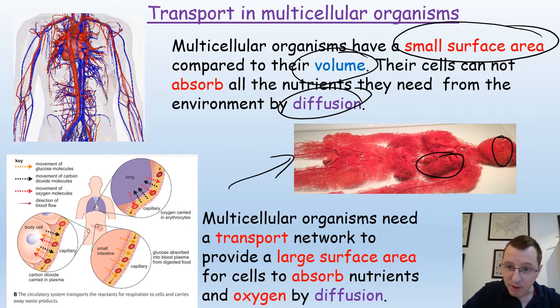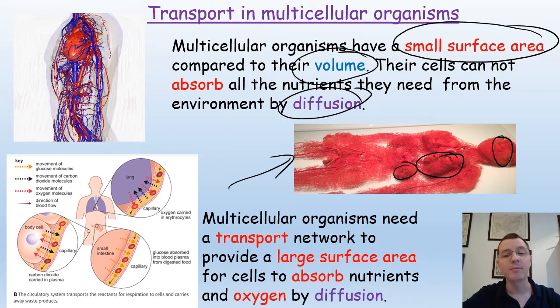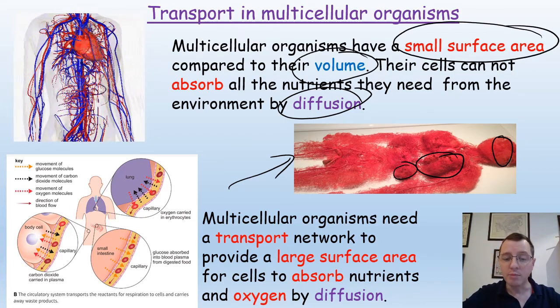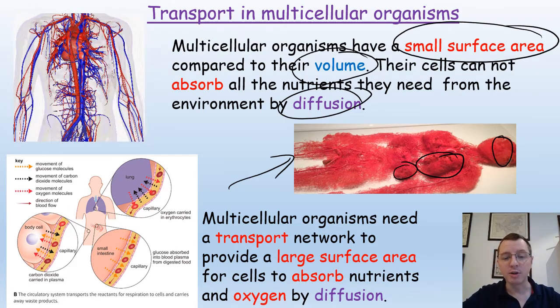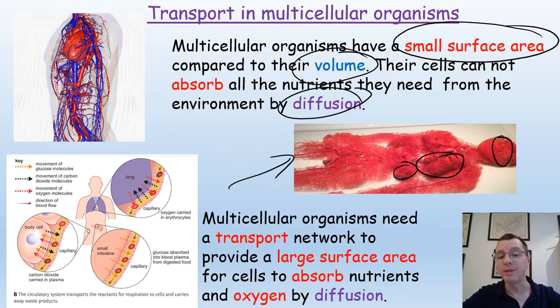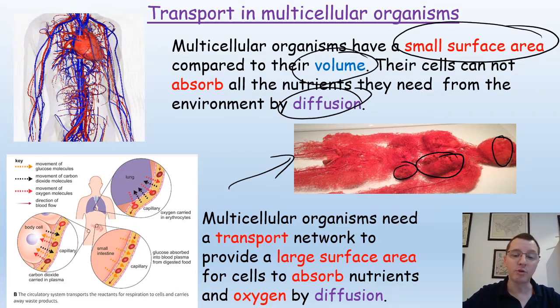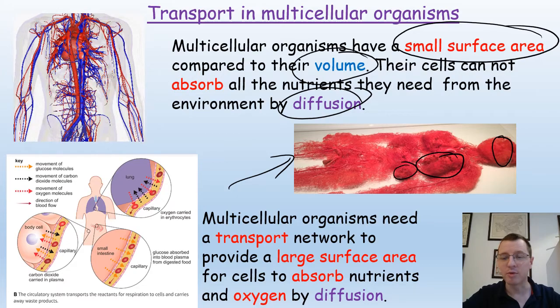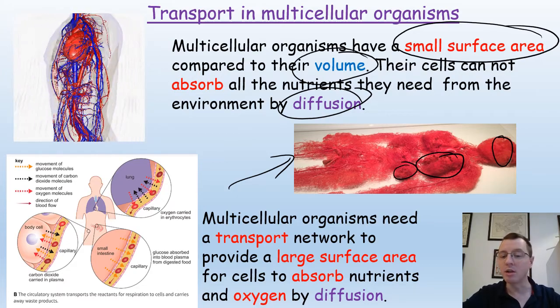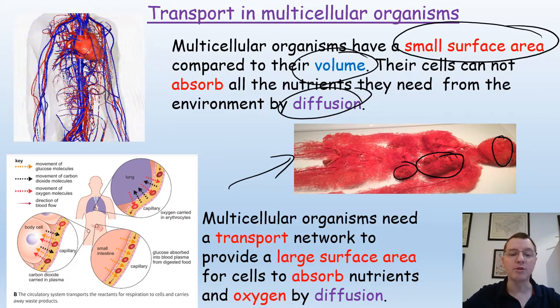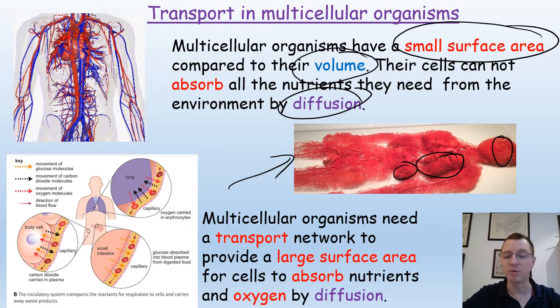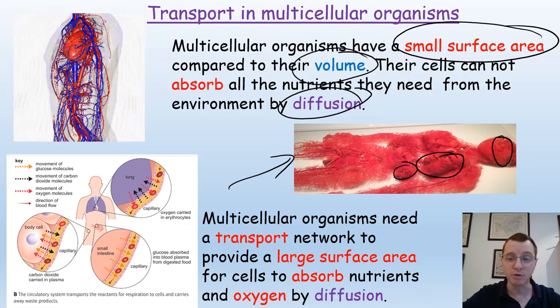I think down here we have perhaps the kidneys. So these blood vessels provide a transport network, and they have a dual function of not just carrying substances around the body, but providing a large surface area for the cells to absorb all the nutrients and oxygen that they need by diffusion.